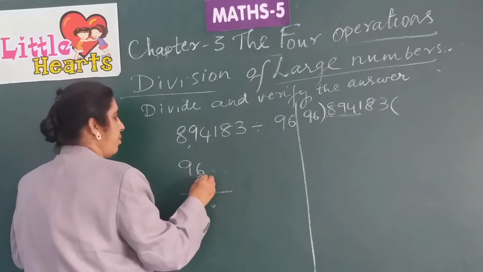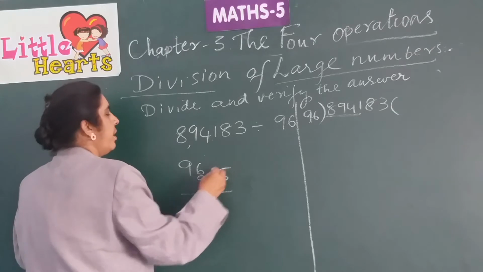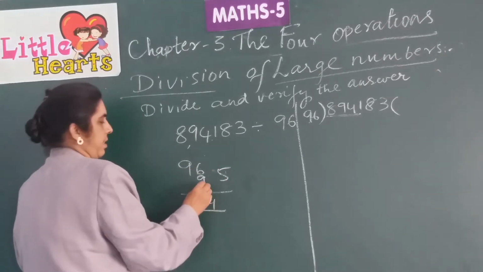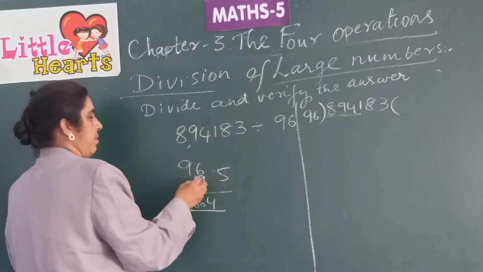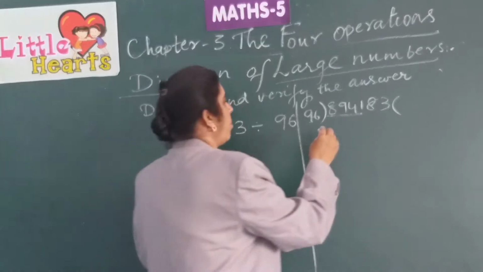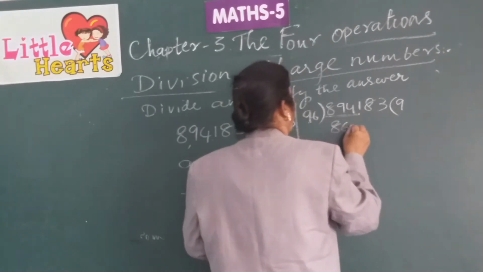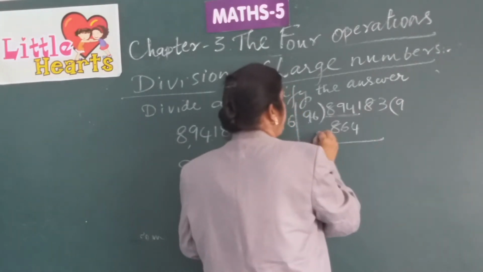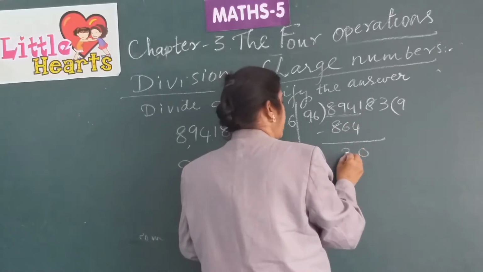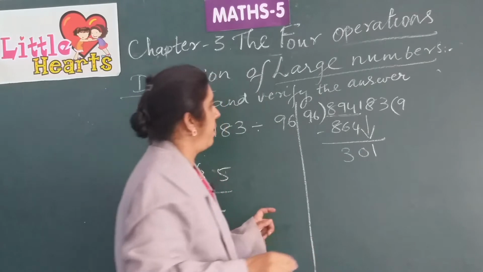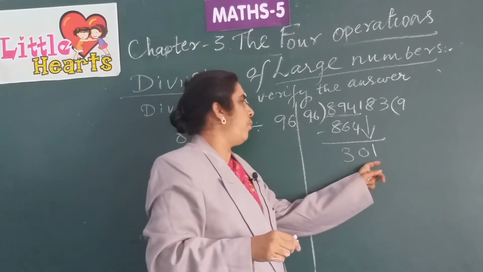We shall go with 9: 9 6s are 54, 9 9s are 81 plus 5 is 86. So 96 9s are 864. 4 minus 4 is 0, 9 minus 6 is 3. Bring down 1. So 3, 0, 1.